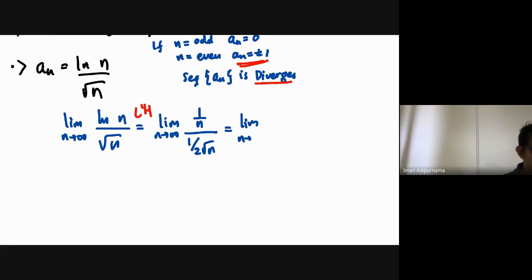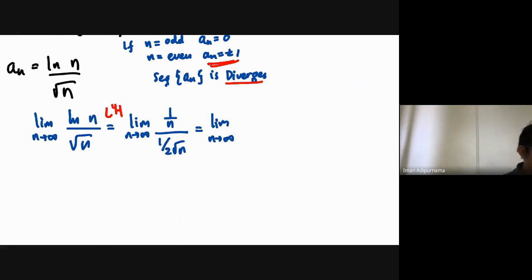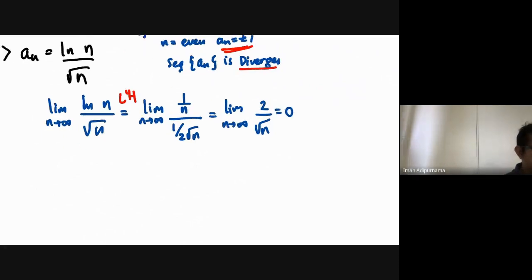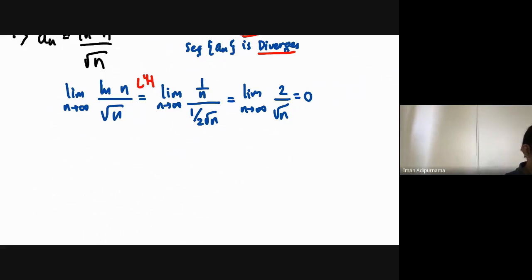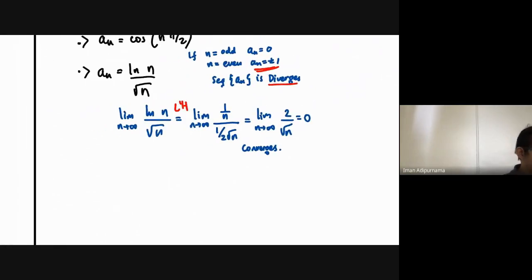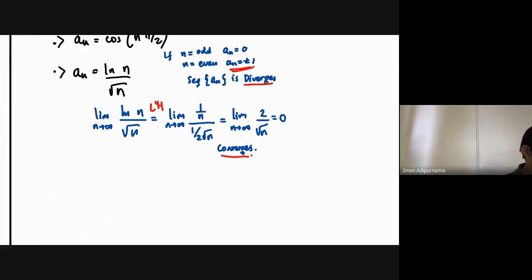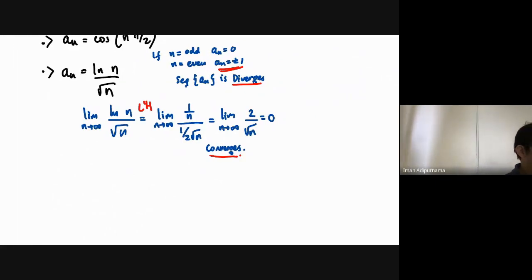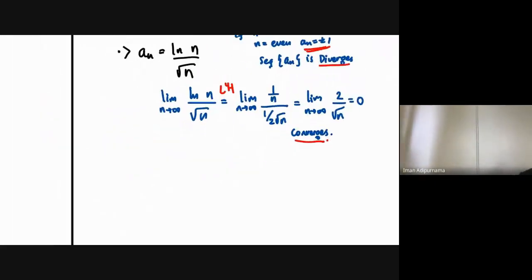And this will be 2 over something going to infinity, which is 0. So it will be convergent. Okay, now try this series.